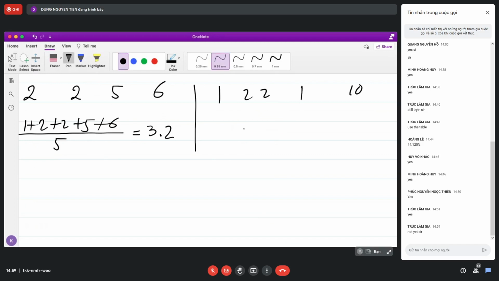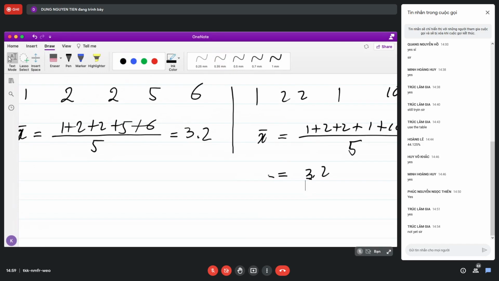And then you compute the average value, which is 1 plus 2 plus 2 plus 1 plus 10, divided by 5, and then you get 3.2 again.